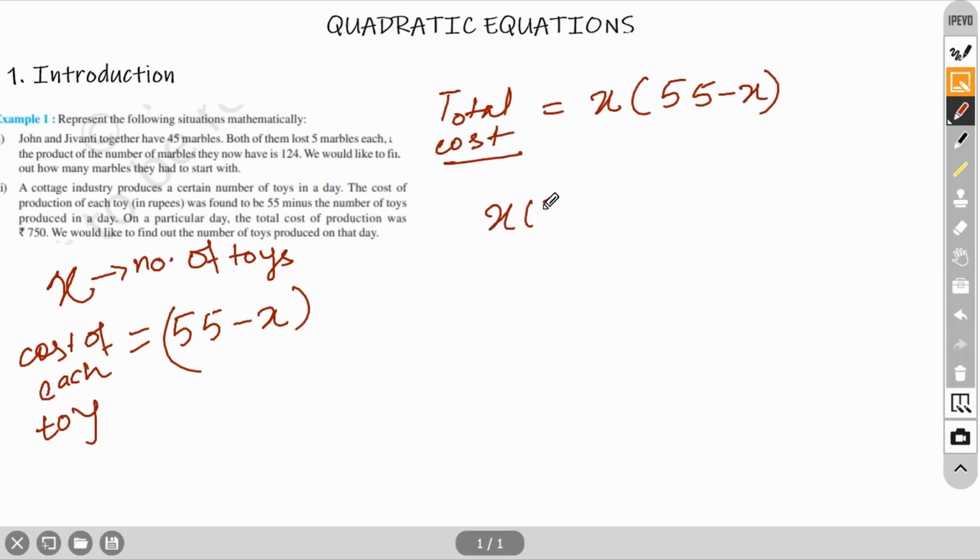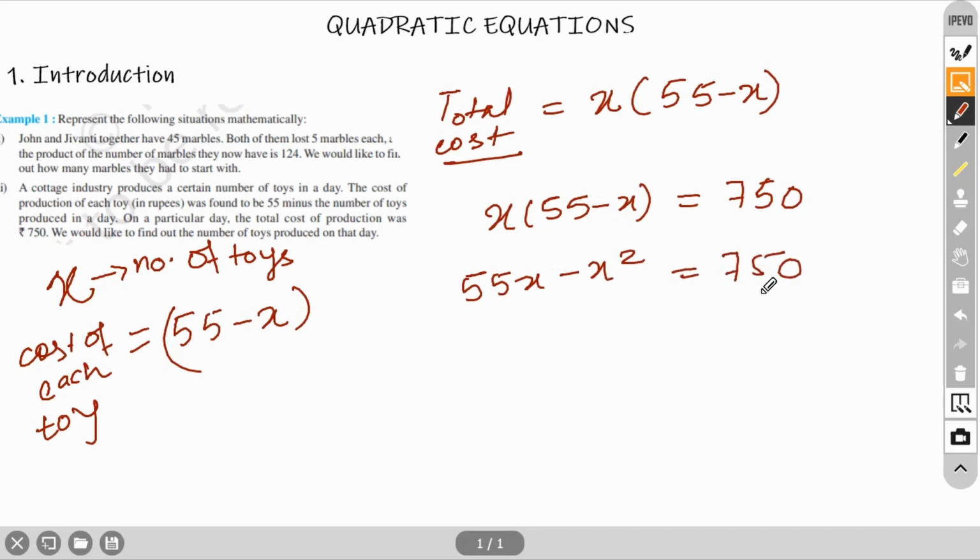That means x times 55 minus x is given to be 750. So opening the brackets, we'll get 55x minus x square equals 750. Subtracting 750 on both sides, 55x minus x square minus 750 equals 0.